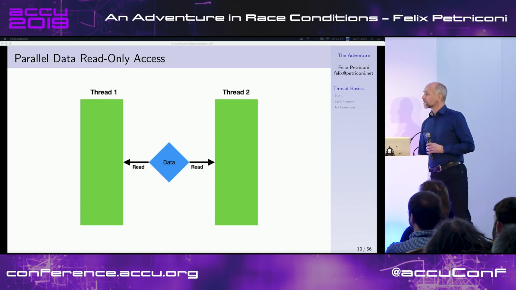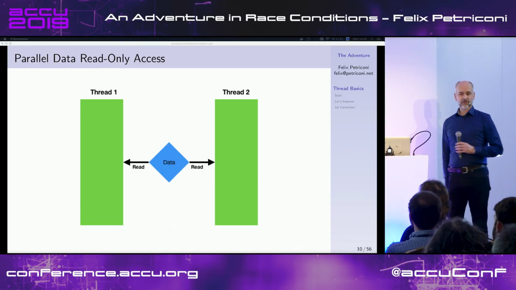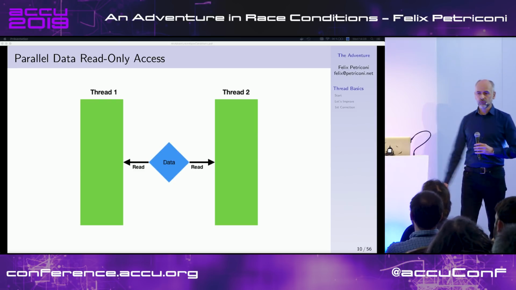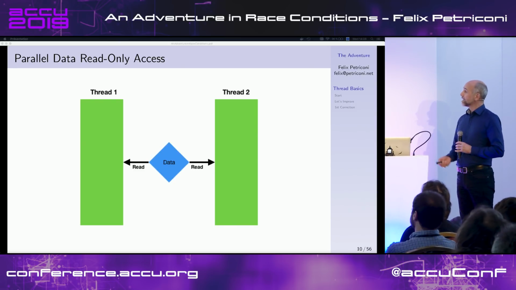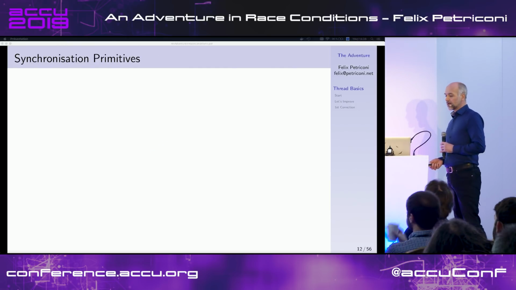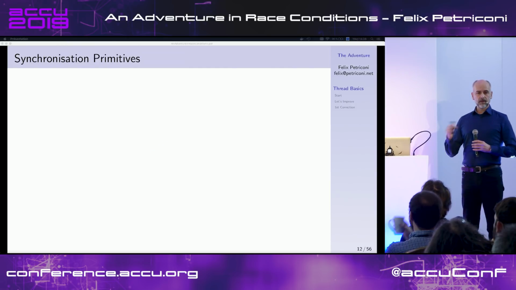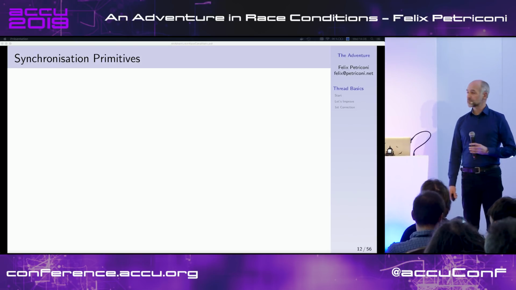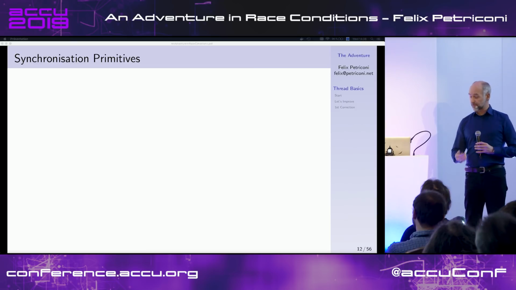Okay, some basics. Normally, reading data from two concurrent threads, just reading, is absolutely no problem, and you can do it as long as you want. But if you want to read and write more or less at the same time, you need some kind of synchronization primitives.